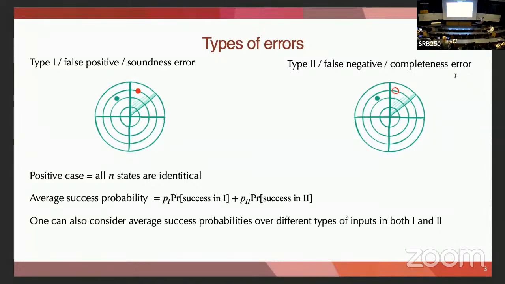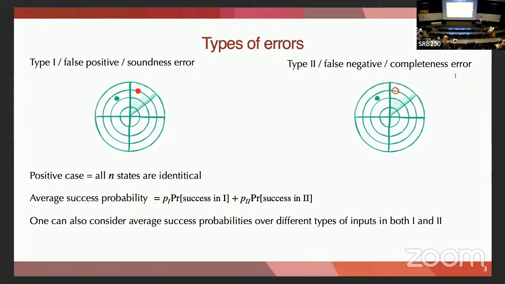And the type 2 error, or false negative, or completeness error, is basically an error when we are given the negative case and then we answer incorrectly. So the negative case for this task will be that some of the states are actually orthogonal.